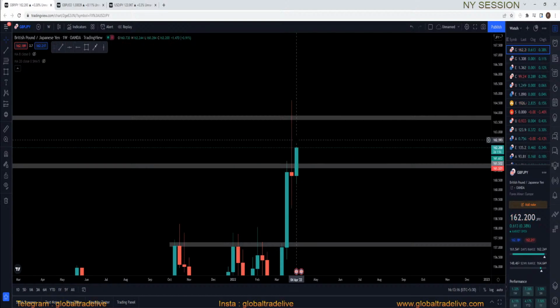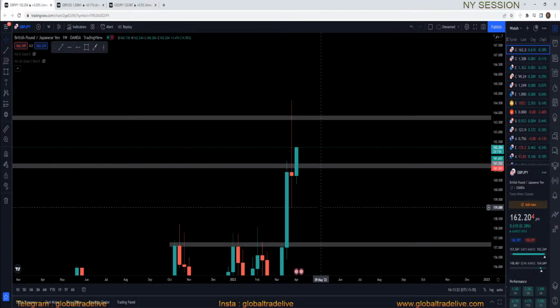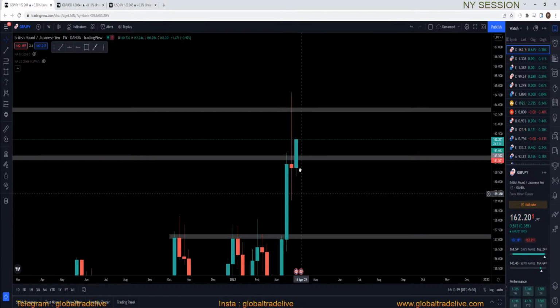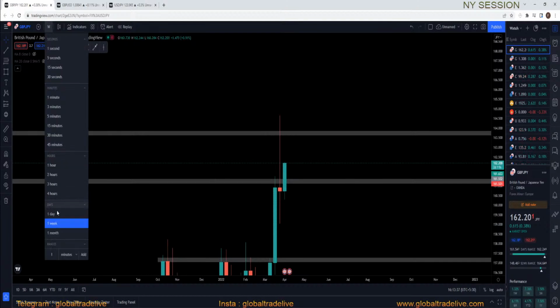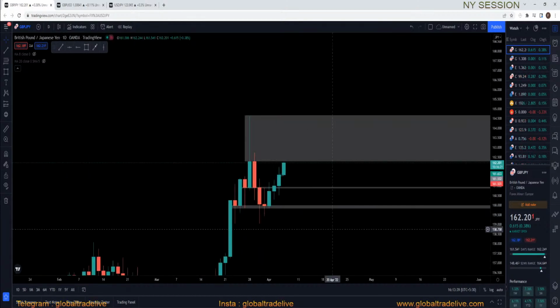So there can be rejection coming up in the market, and this candle can just reject the area and fall down from here. That can be the case. But we don't know actually, because the momentum is there in the market and the weekly looks pretty strong, and I think if it starts to move up, then this will be the area it will be reaching towards. So after the weekly, let's move to the daily over here.